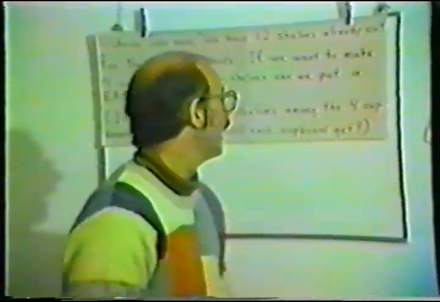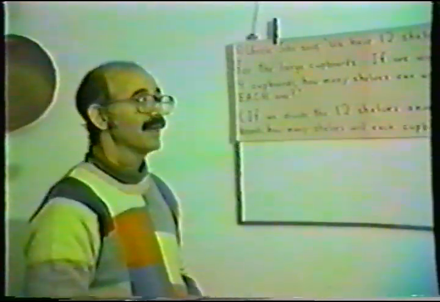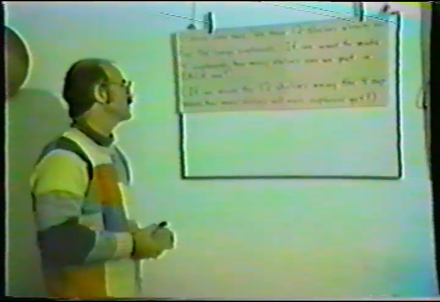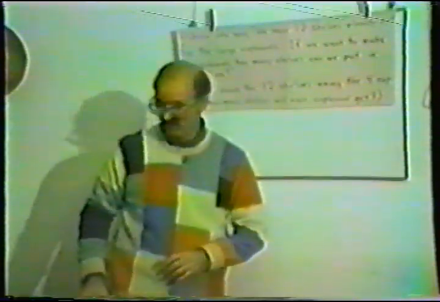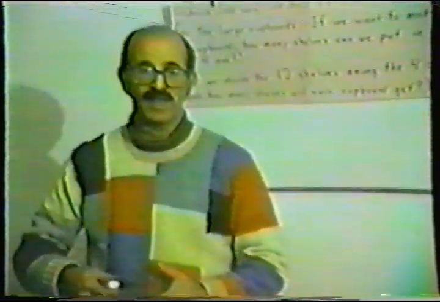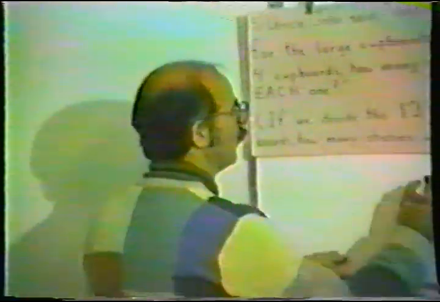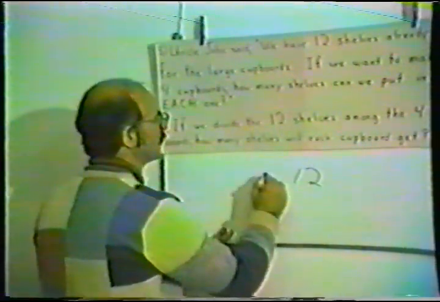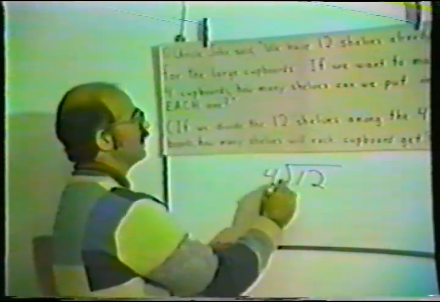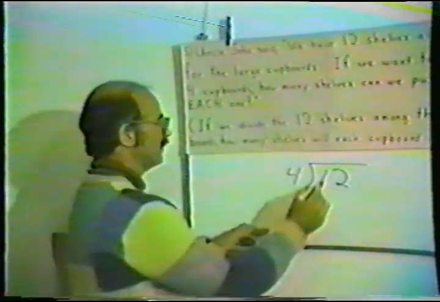It's the same thing as dividing the 12 shelves among the 4 cupboards. If we divide the 12 shelves among the 4 cupboards, how many shelves will each cupboard get? That's another way of saying the problem, and that's what you should be thinking as you read it. 4 into 12 goes how many times? 3.